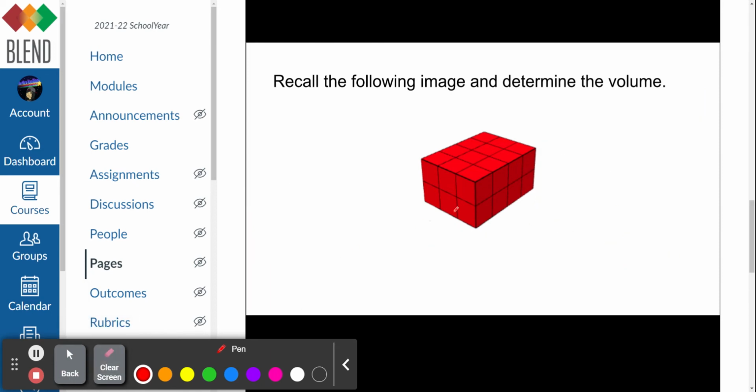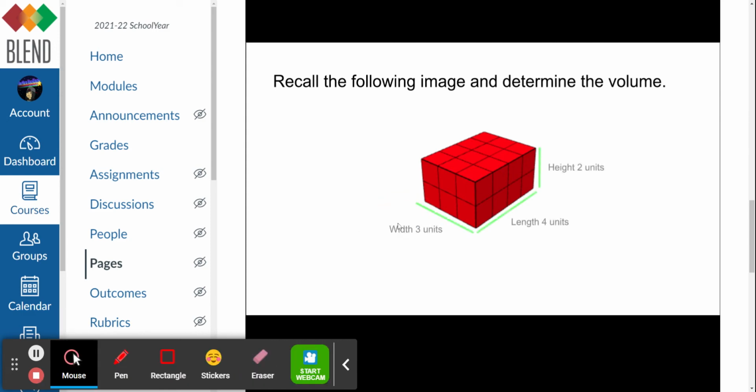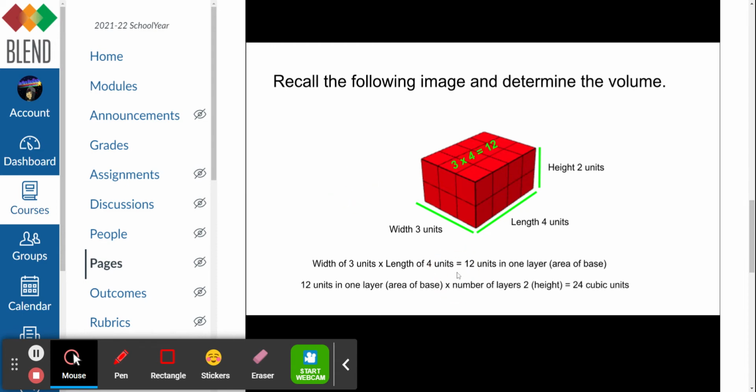That one is pretty straightforward. We can use our formulas forward and backwards. If we were missing the height, we could figure it out if we had the volume. Our width and length together was our base. We had a base of 12 and 2 layers of 12. So our volume was 24 cubic units.